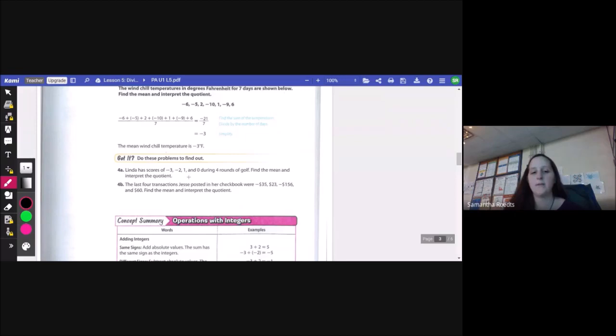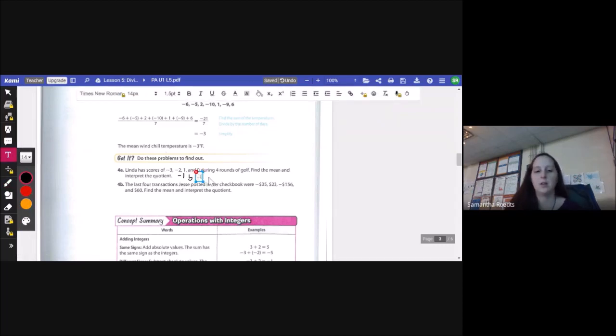Negative 4 divided by 4 is negative 1. So this means her average score is 1 below par, which is actually good. You want a negative score in golf, okay?